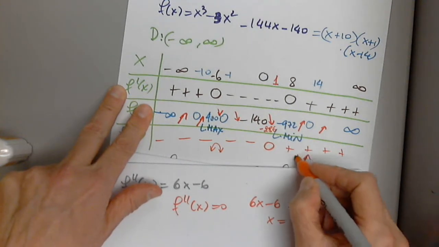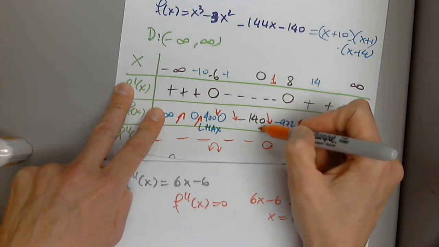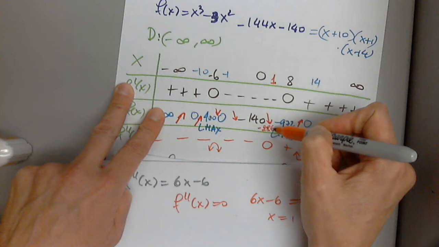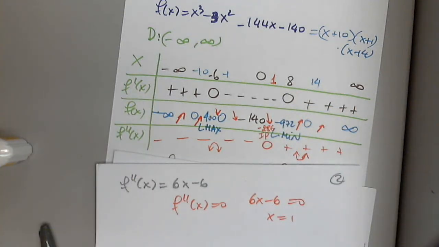So this is this. What type of point is 1, -286? Inflection. Yes, it's an inflection point because the second derivative is 0 and it changes sign. What does that inflection point mean? From opening downward, all of a sudden opening upward, or vice versa.